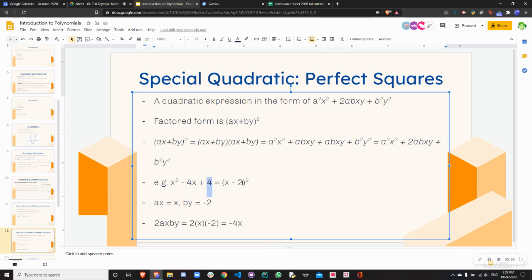And you want to make sure that when you multiply these terms together, so x times negative 2, and then multiply that by another 2, because we have 2ax by, you get this middle term, negative 4x. So hopefully that makes it more clear.